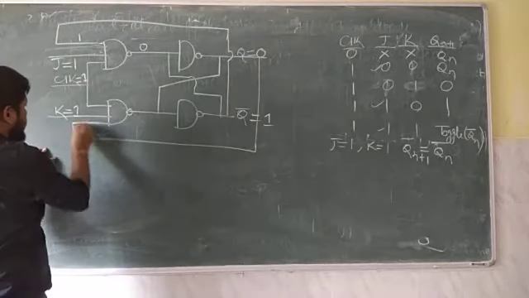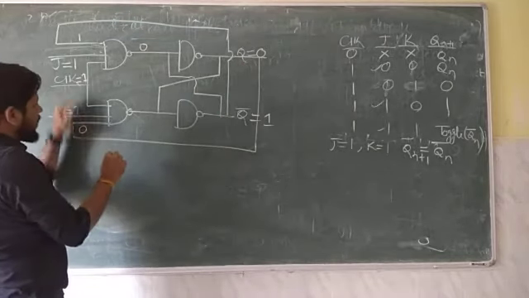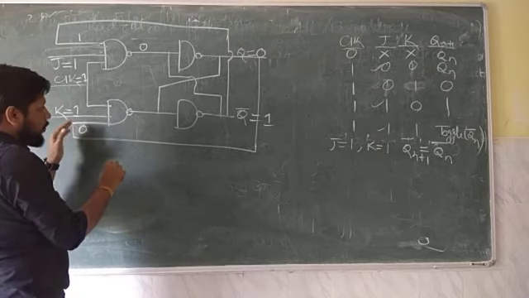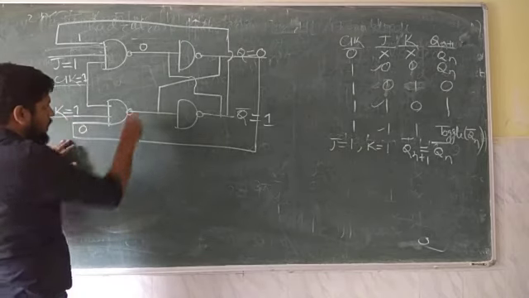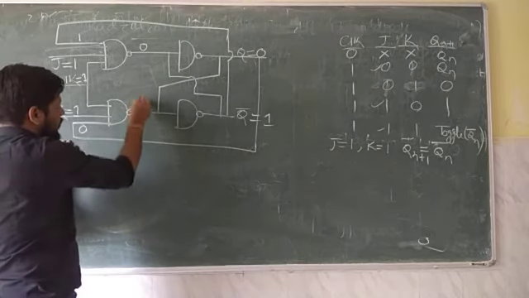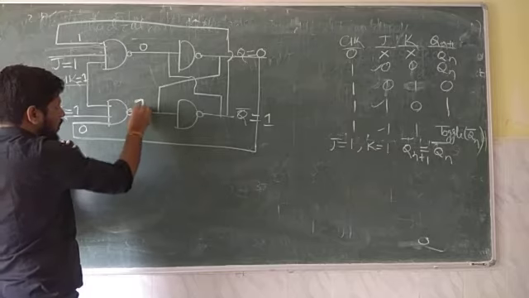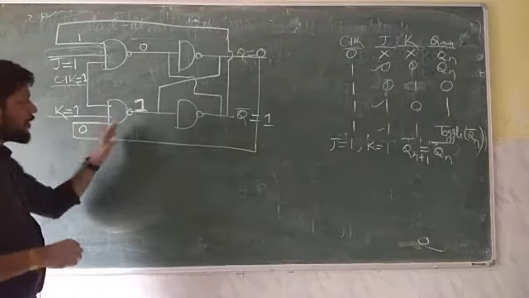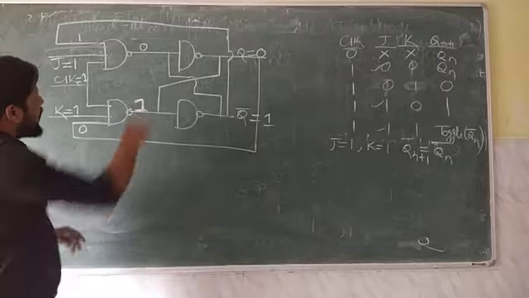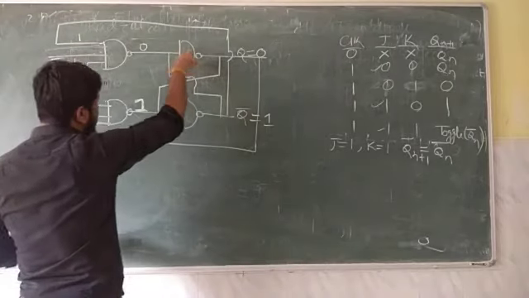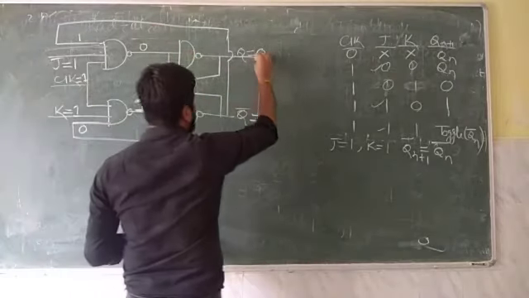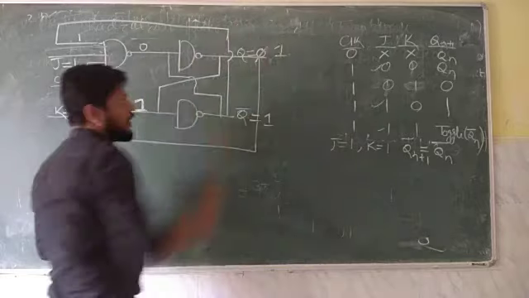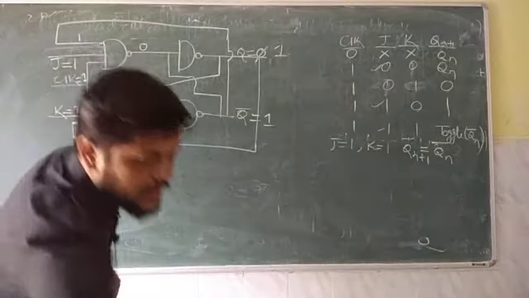When one of the inputs to a NAND gate is 0, irrespective of the other inputs, the output is instantly 1. You have already studied this again and again. So the moment 0 appears at this NAND gate, the output is no longer 0, it changes to 1.